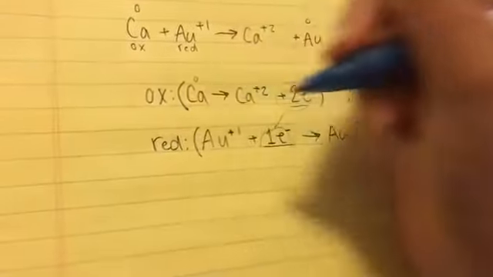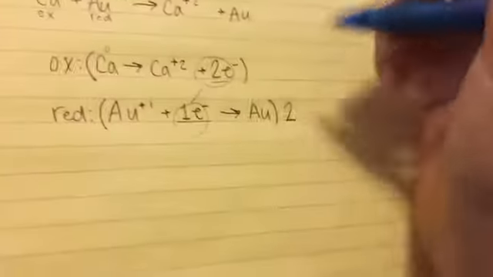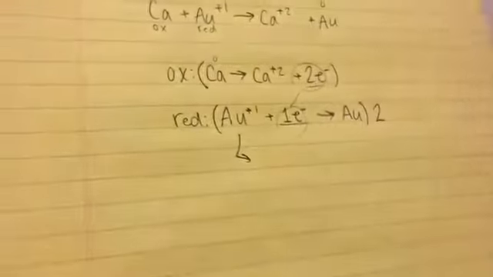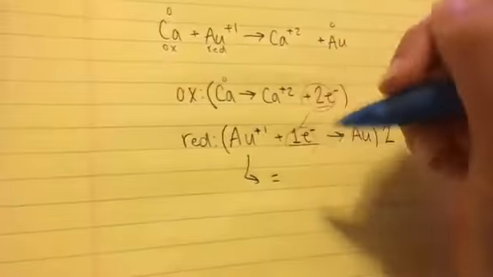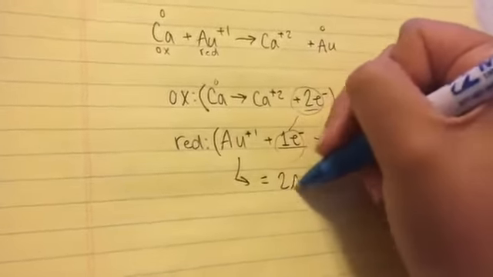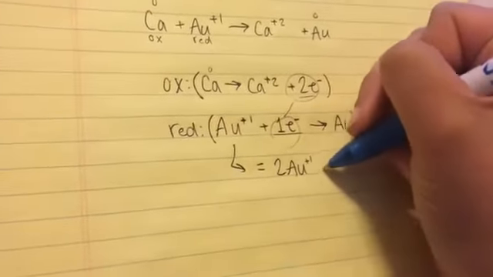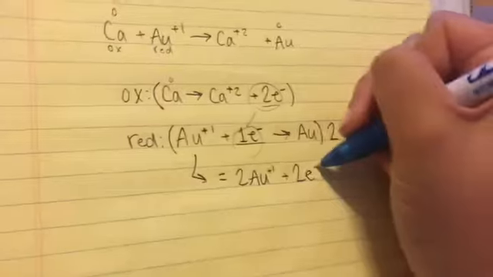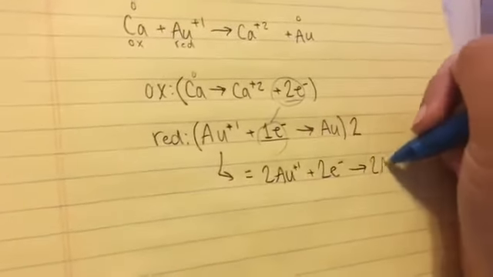However, the 1 and the 2 are not equal, so we must multiply the gold by 2 to make it equal to the 2 electrons on the calcium side. So it will end up to be 2 Au plus 2 electrons, arrow, 2 Au.